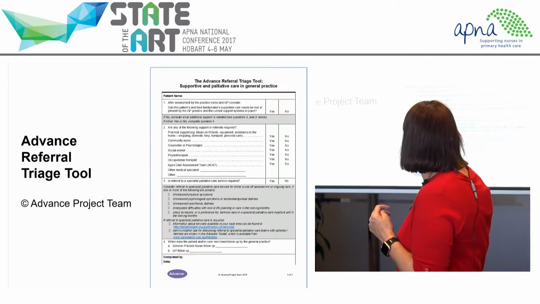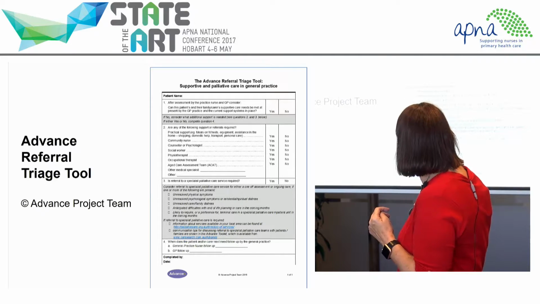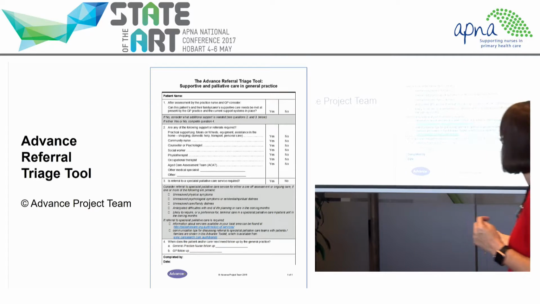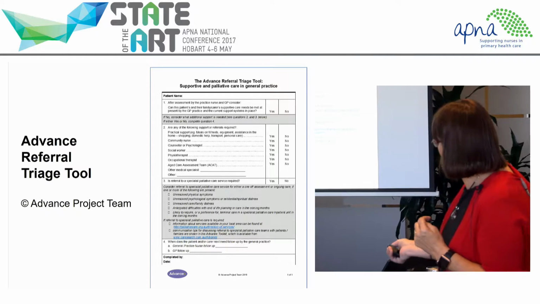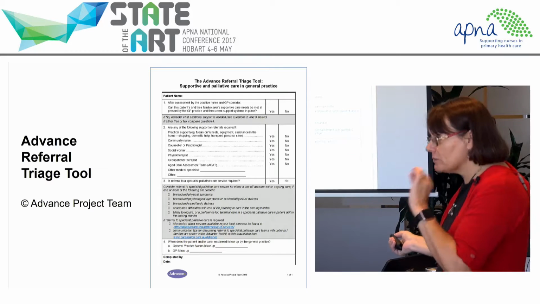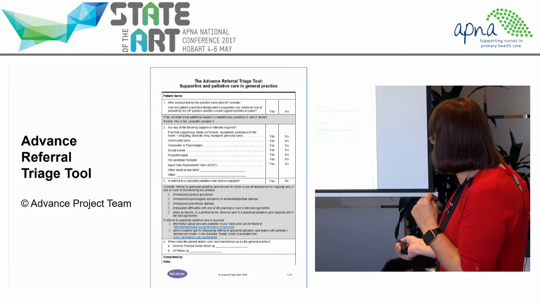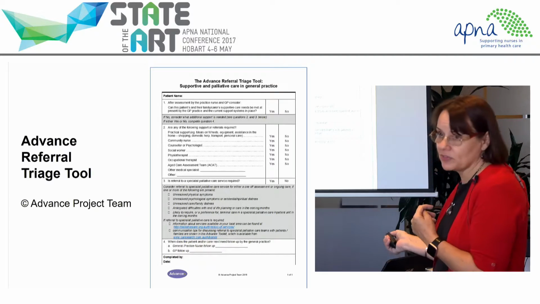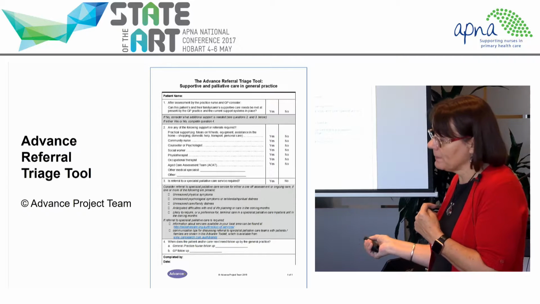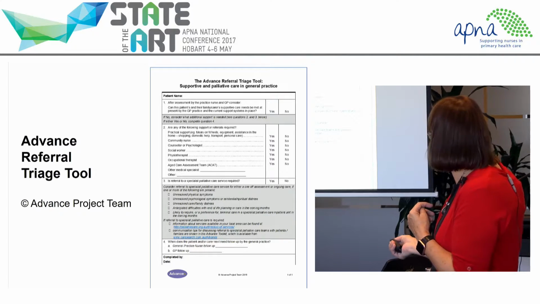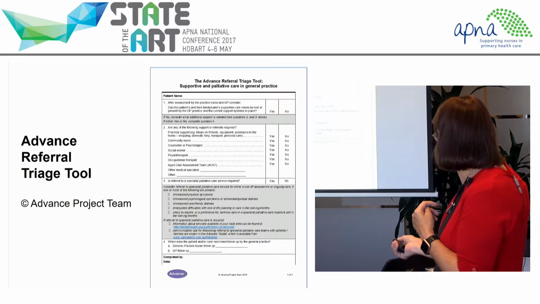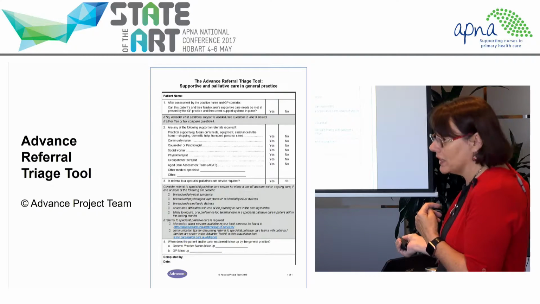for instance? Now question 3 is referral to a specialist palliative care service required? And again, these are like prompts. So if you think of Mrs. Smith, for instance, which one do you think she would tick? Unresolved physical symptoms, maybe? She's sort of deteriorating. Unresolved psychological symptoms, carer or family distress, anticipated difficulties of end-of-life planning.